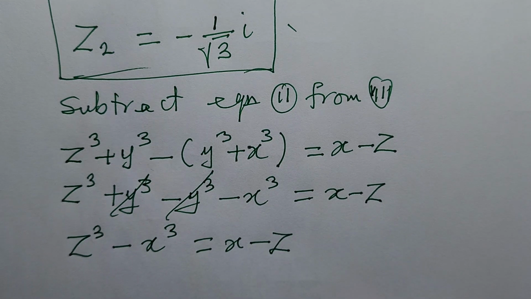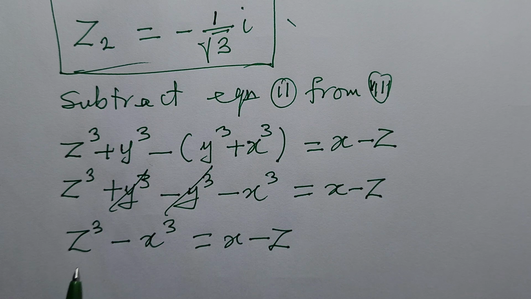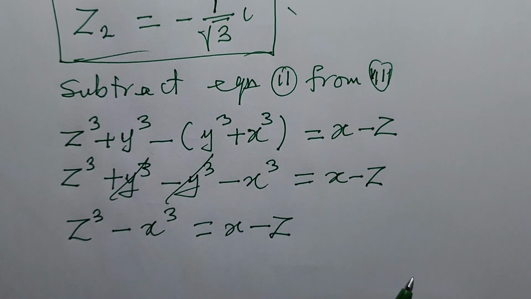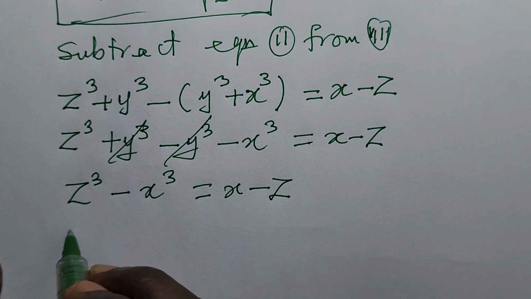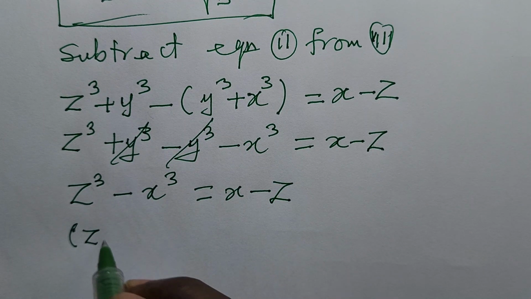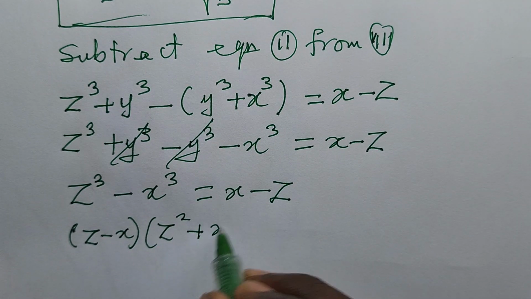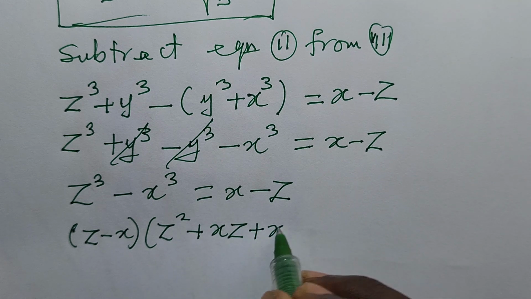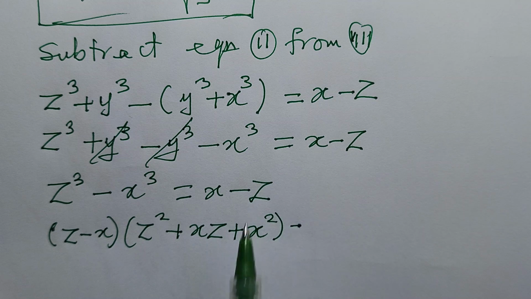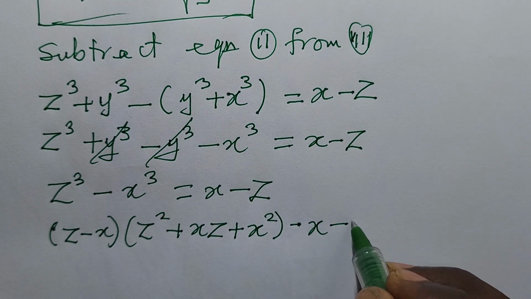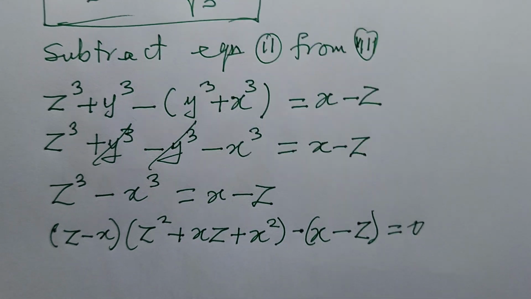Now, again, we remember what we did the other time. We now apply the difference of two cubes. So this is going to give us bracket z minus x, times bracket z to the power of 2 plus xz plus x squared, plus bracket, we want to move this term to the other side, so we have x minus z, put this in bracket, everything equal to 0.